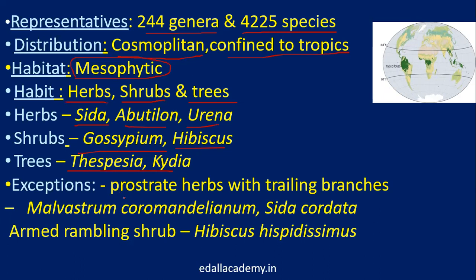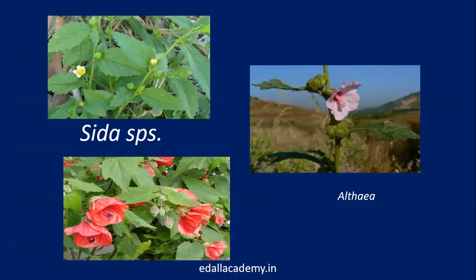Some plants grow in the form of prostrate herbs, that may be in the form of creepers with trailing branches. Examples: Malvastrum coromandelianum, Sida cordata, and a horned rambling shrub, commonly called Hibiscus lobatus. So these are all some common examples given for Malvaceae family members. See the diagrammatic representation here.